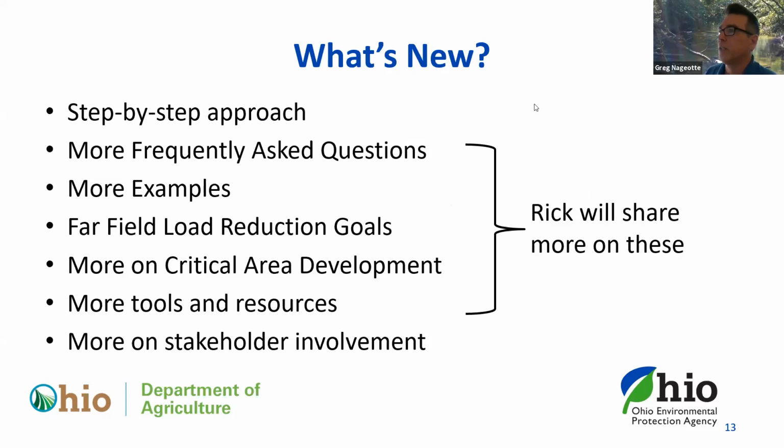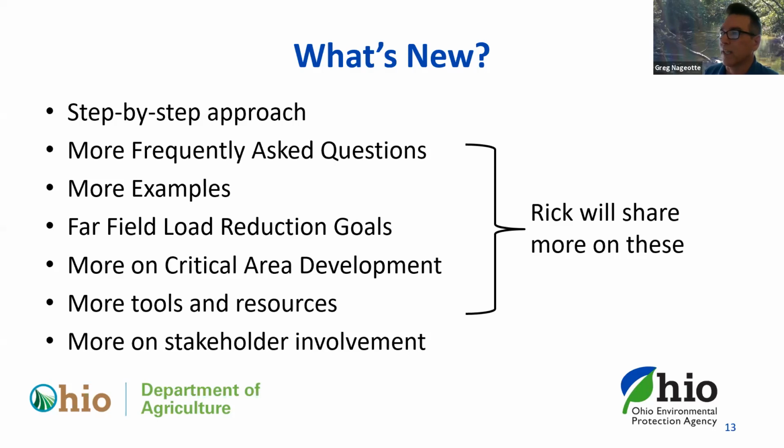So what's new in the guidance, in the update we're working on? We want to offer more of a step-by-step approach. This is somewhat achieved through the template, but not exactly, and I'll get to that in a minute. We have obviously more frequently asked questions at this point because we've had a lot more people trying to develop these and coming up with those questions.